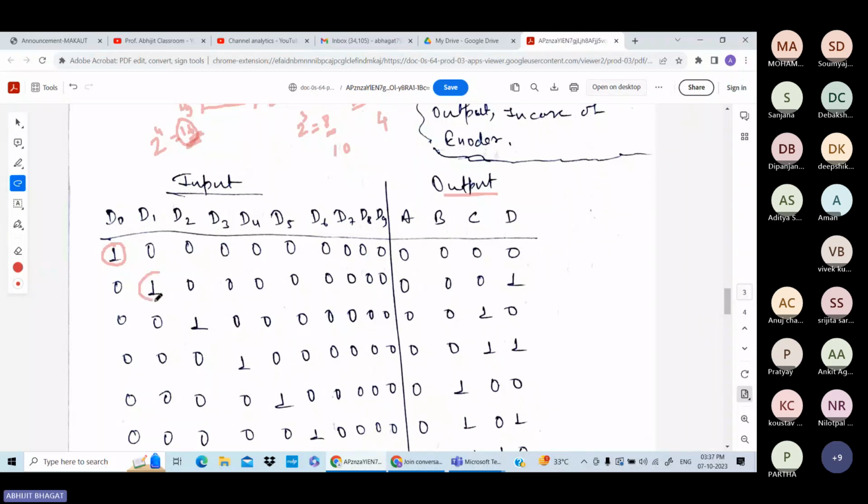When D1 is 1, the output is 0, 0, 0, 1. When D2 is active, 0, 0, 1, 0.